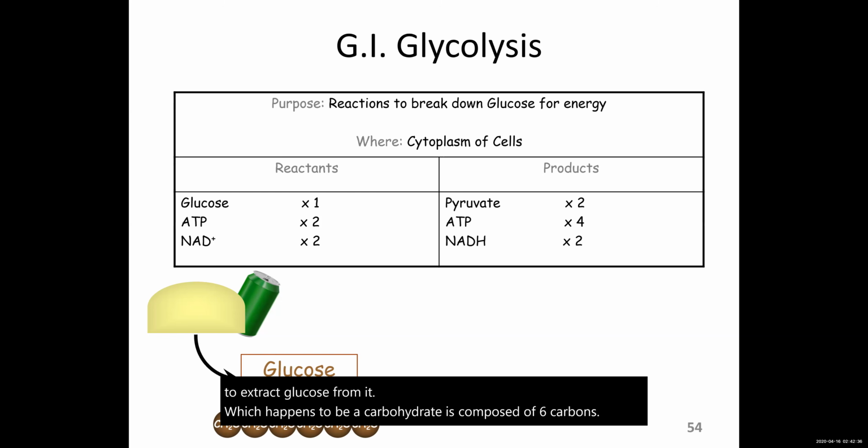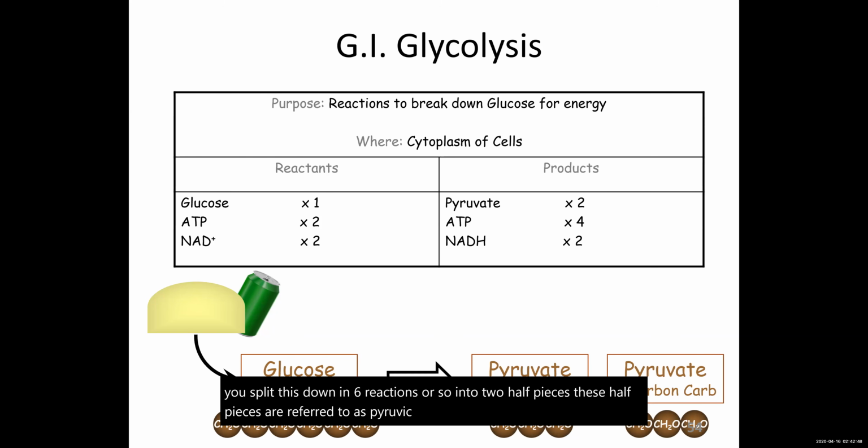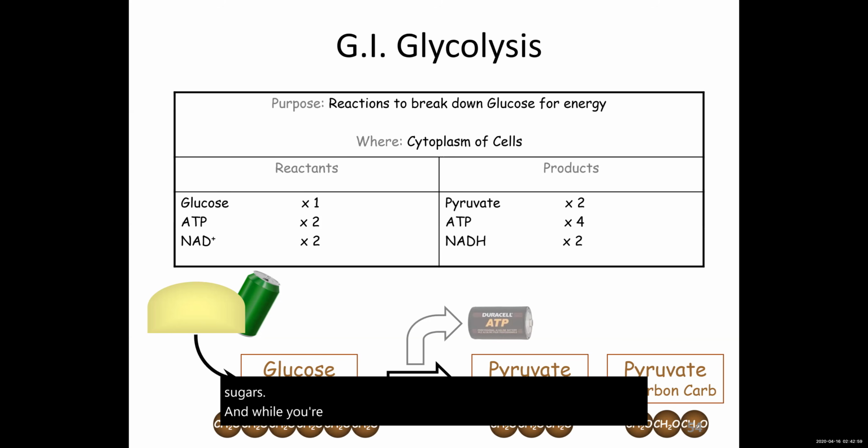And ultimately what's going to happen is you're going to split this down in 6 reactions or so into 2 half pieces. These half pieces are referred to as pyruvic acid or pyruvate. So you've literally taken that 6 carbon sugar and split it into 2 tiny little 3 carbon sugars. And while you're doing these 6 steps, you'll extract a little bit of extra energy from it.